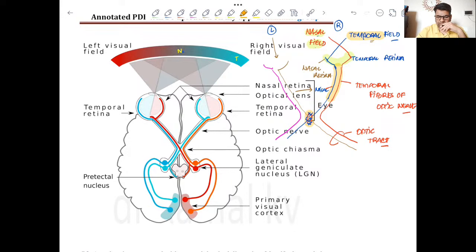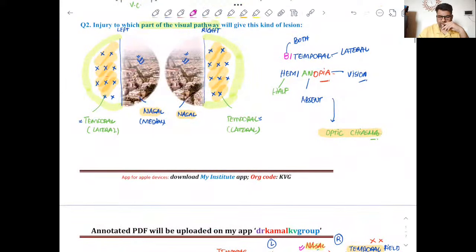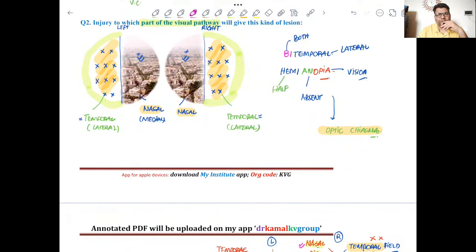Therefore, if these nasal fibers are damaged, there will be no image from the temporal field of both eyes. So we get bitemporal hemianopia. The temporal fibers continue unaffected, but they take impulses from the nasal field, and therefore on the nasal side the patient has perfect vision. It is only the temporal visual field where there is no vision.